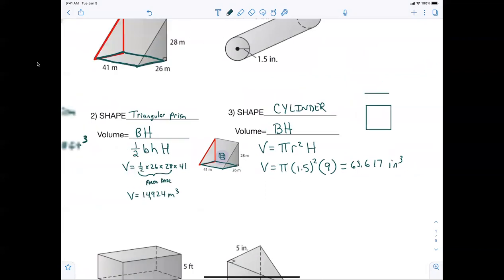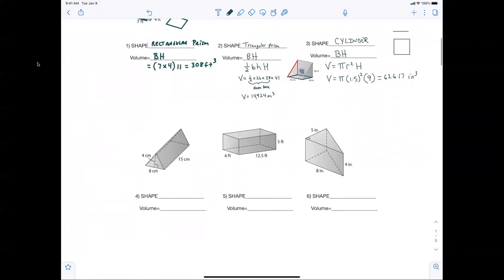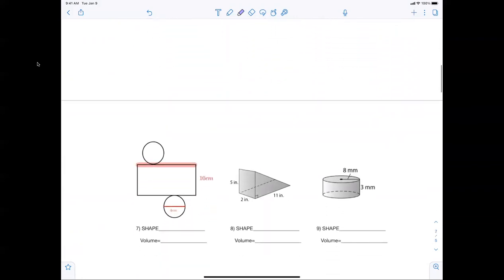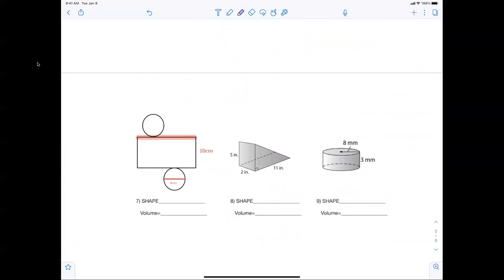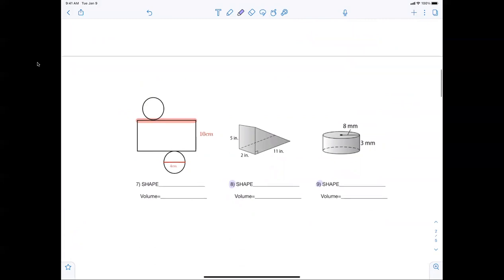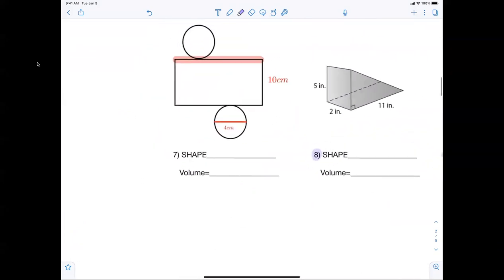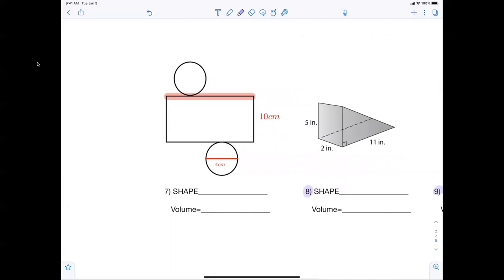All right. So with that little bit of information, I want everybody to highlight 4, 5, 6, because those are similar. I also want you to highlight 8 and 9. Those are just practice problems. Now, number 7, I want everybody to go to number 7.